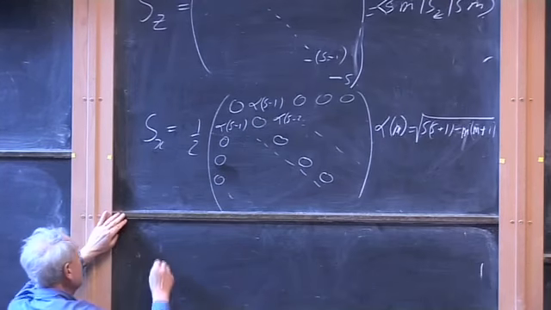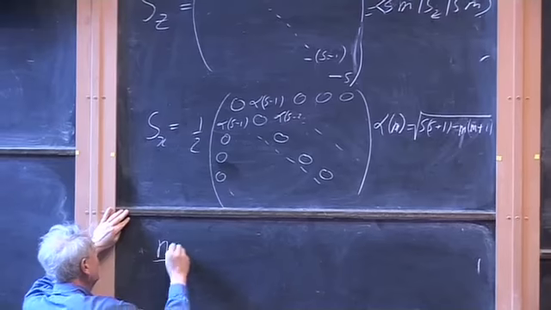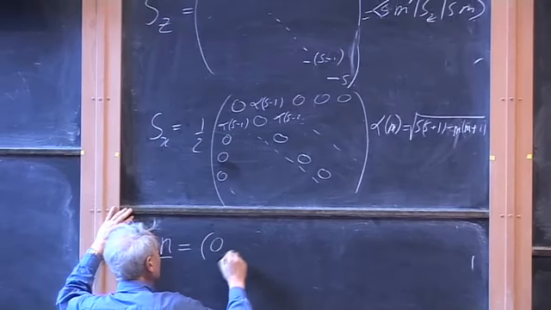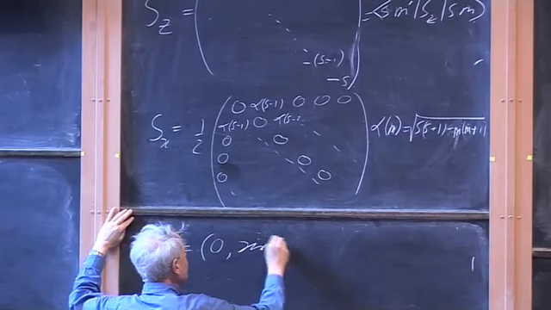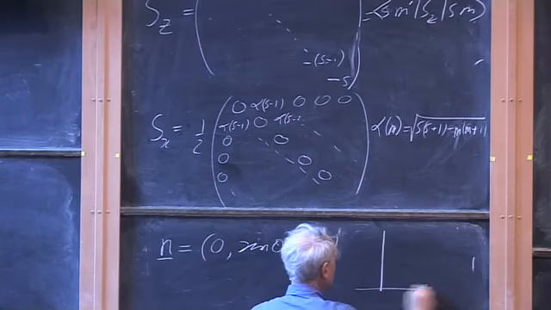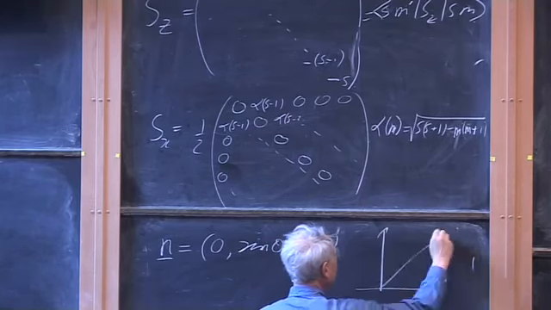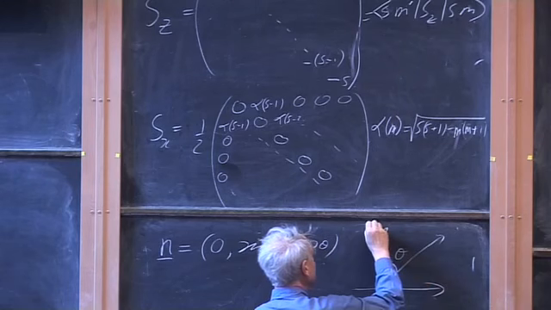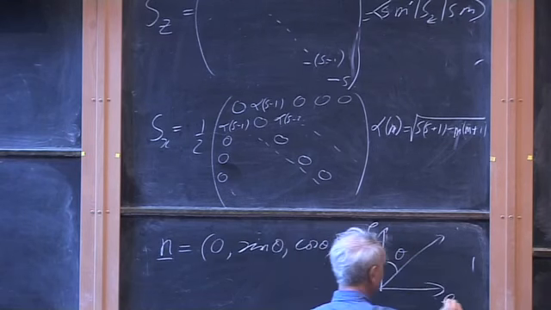Out of these three matrices I can construct, if I take n equal to, for example, (0, sine theta, cos theta), a unit vector, where this is theta, this is the Ez direction, this is the Ey direction.